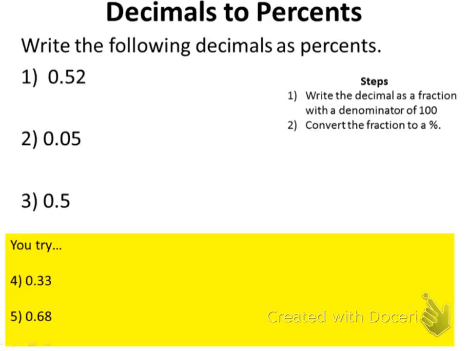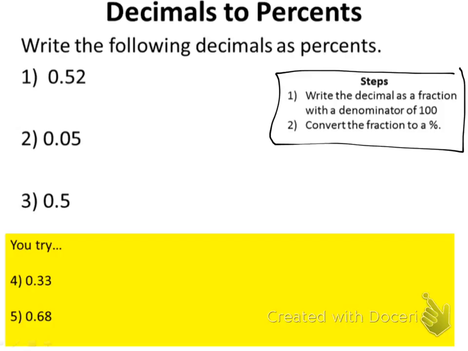Okay, in this last part we're going to talk about going from decimals to percents. So we need to write the following decimals as percents. The steps, which you're going to write in a different color on your guided note, are over here. We write each decimal as a fraction with a denominator of 100, and then we write the fraction with a denominator of 100 as a percent. Okay, let's start here.